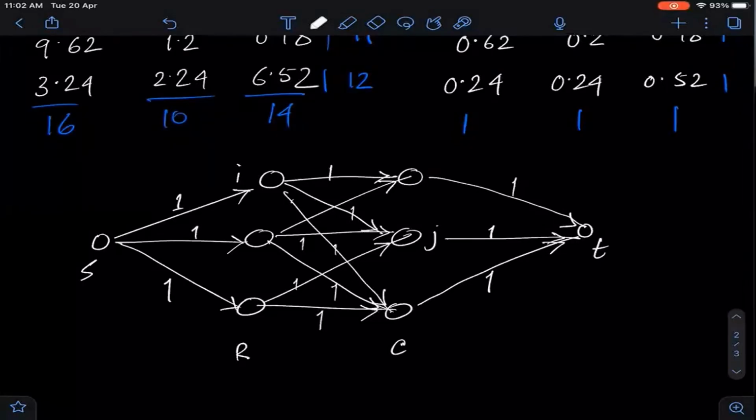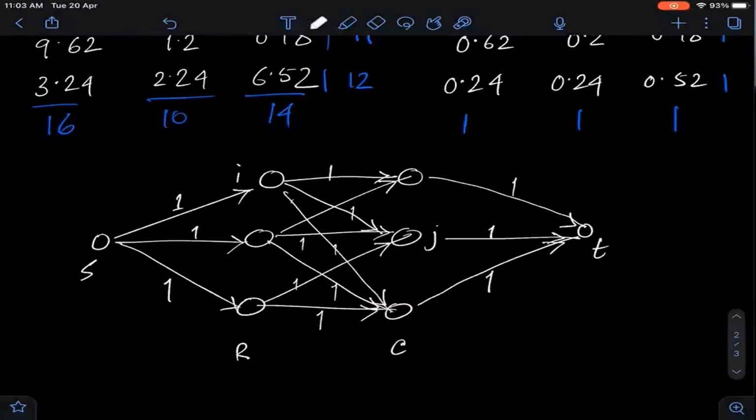Just to make sure that every one of us is on the same page, how did I construct the graph? For every row, I keep one vertex, which is the set R. For every column, we keep a vertex, which is the set C. I have an edge from the source to every vertex in R, and the capacity of that is the row sum of the corresponding row. यहाँ पे सारे 1 है, but that's not necessary. ये 2 भी हो सकता था.